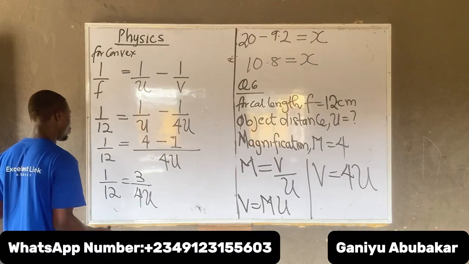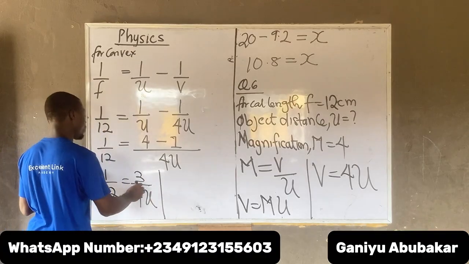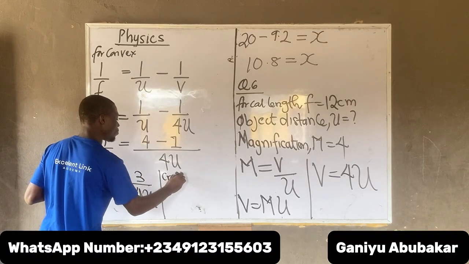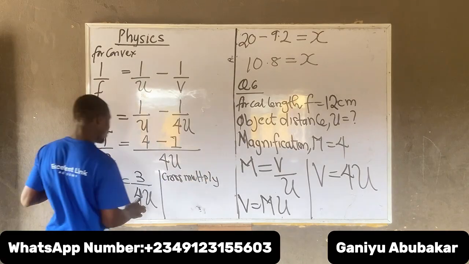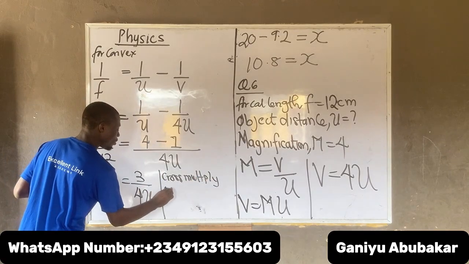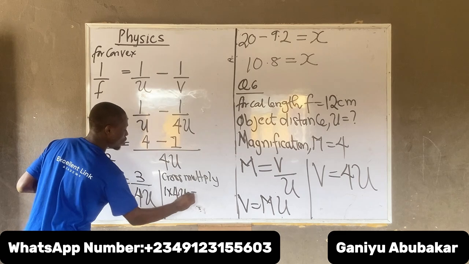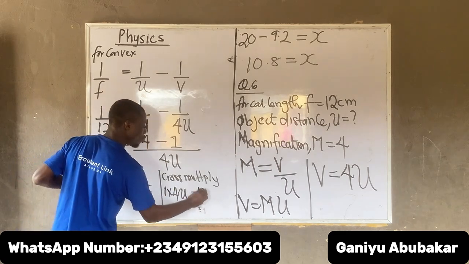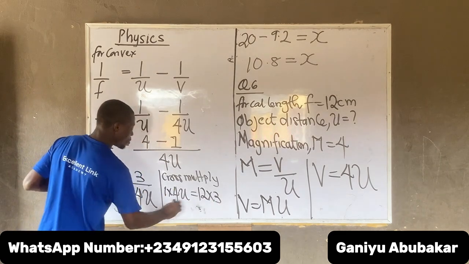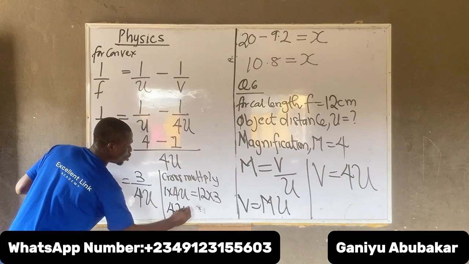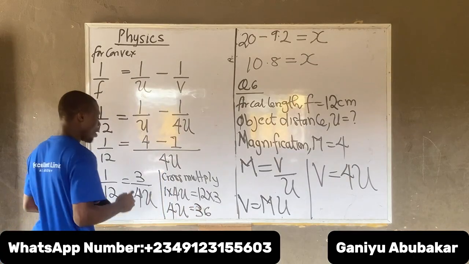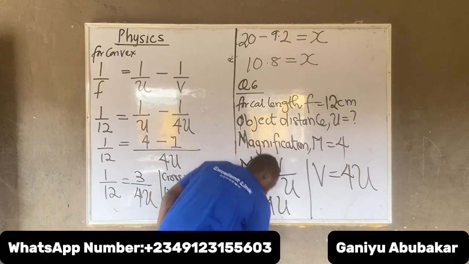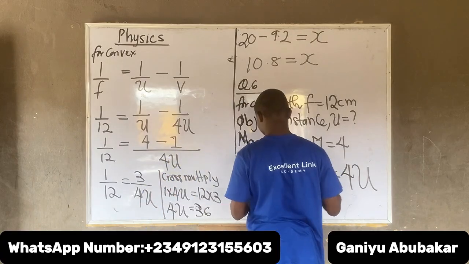The goal is to get u, so I have to cross multiply. This gives you 1 times 4u equal to 12 times 3. This one gives you 4u equal to 36. I'll make u subject by dividing both sides by 4 to get the value of u.